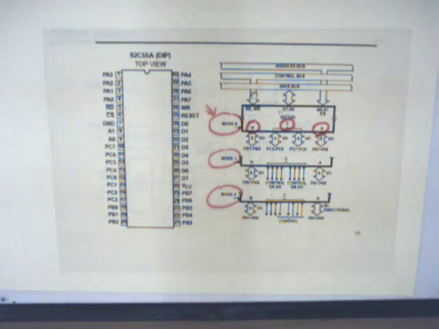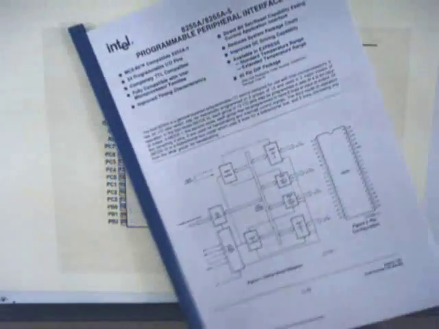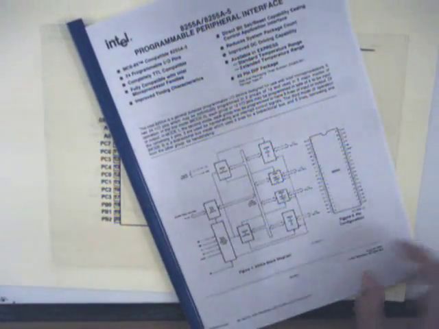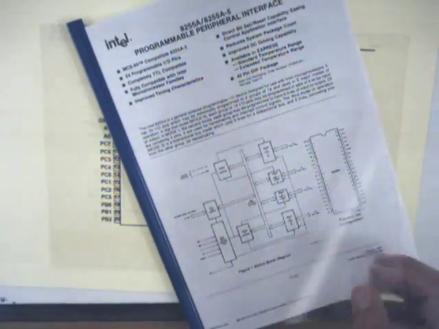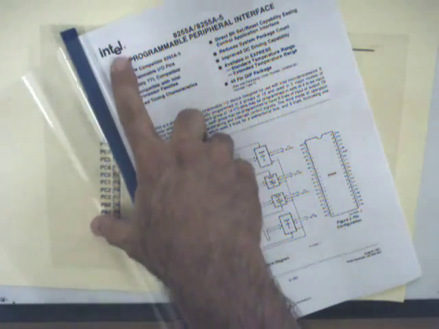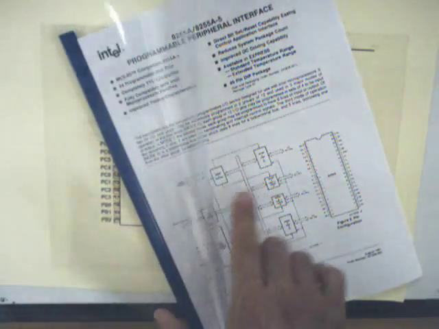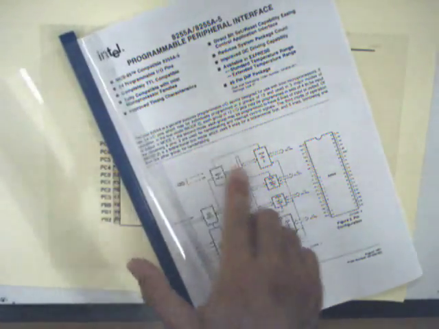Where do we understand these? We can understand these from the data sheet of this respective integrated circuit. This data sheet can be downloaded freely from the internet and is published by its producer.